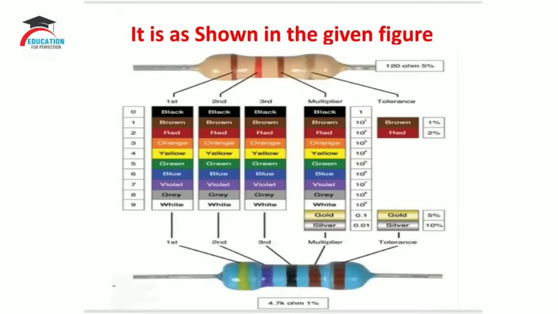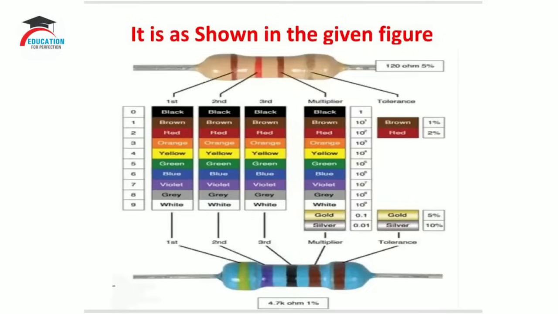Then the last band is the golden colored band, which is shown in the figure of this particular resistance. This golden colored band just indicates the tolerance limit of the resistance. The golden color band has a tolerance limit of 5%, and if it is silver colored, then the value will be 10% tolerance.